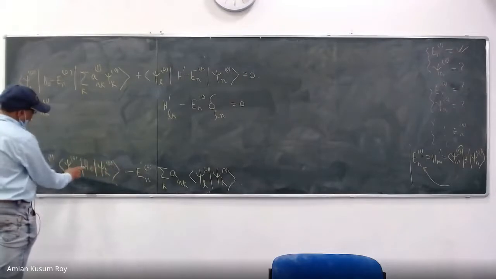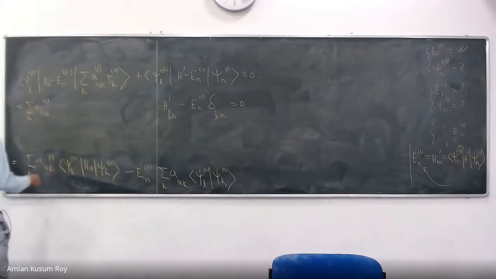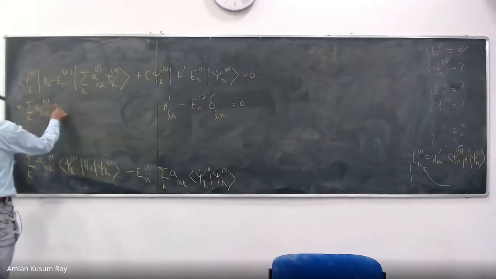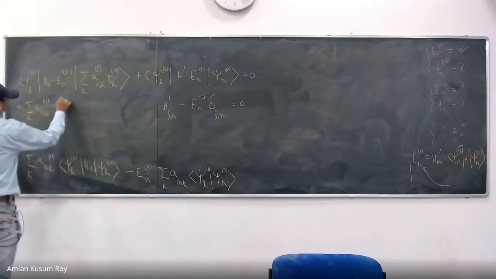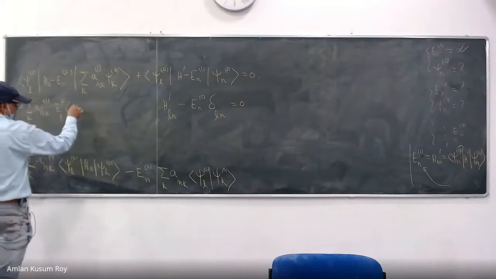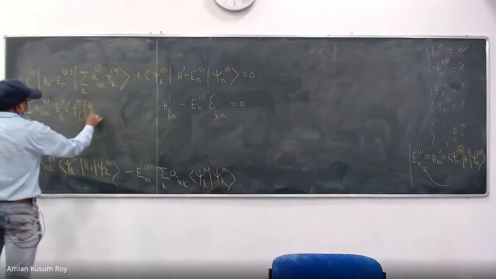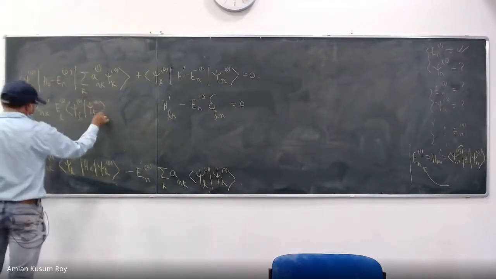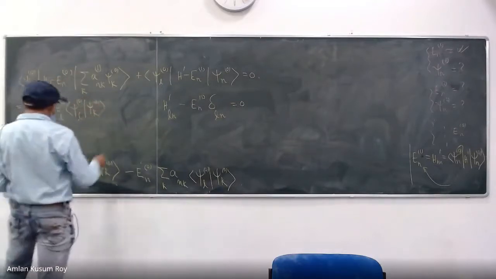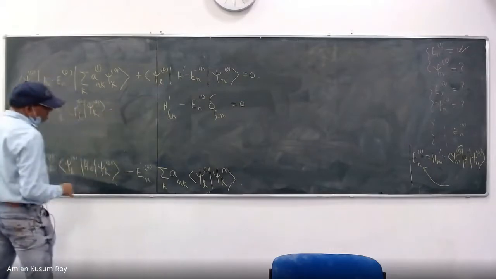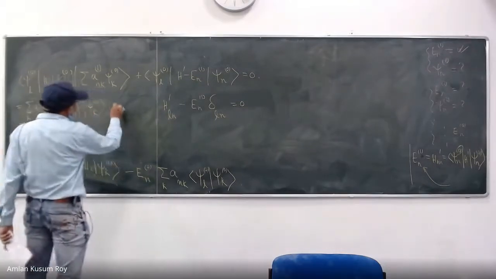So that means H0, psi L0 is EL0, right? So I'll write EL0, psi L0, psi K0, okay, minus, and what happens to this guy? En0 is En0.